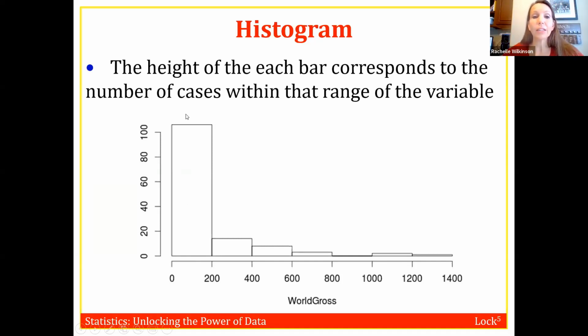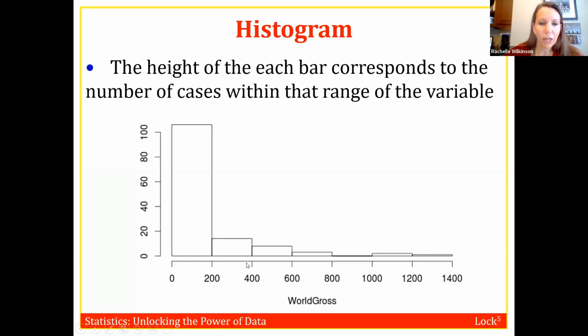And then if I look at the height of the bars, it tells me how many movies fell in that bin. So for the first one, 0 to 200, it looks like maybe 110 movies or slightly less, 108 movies or so fell into that first range of 0 to $200 million.